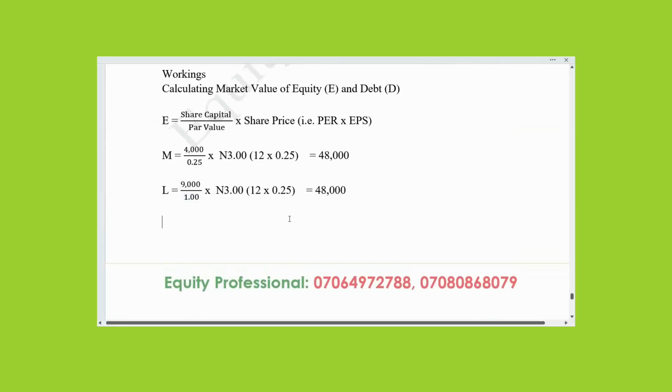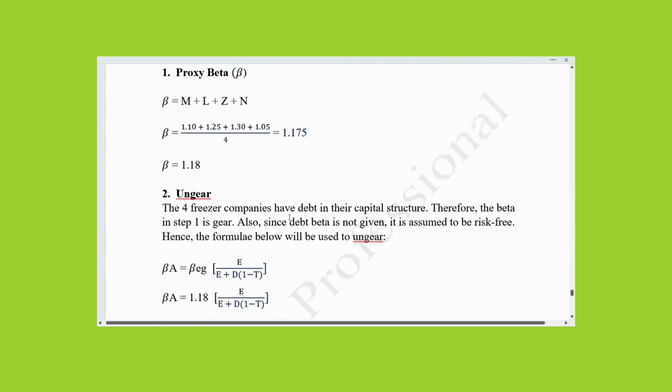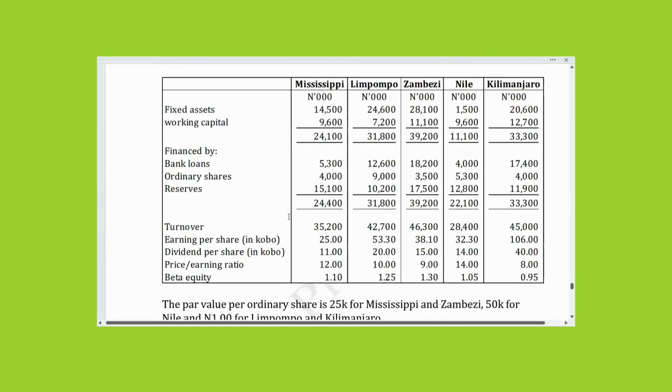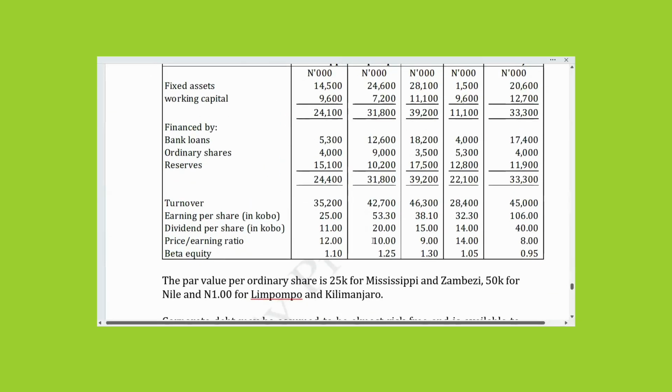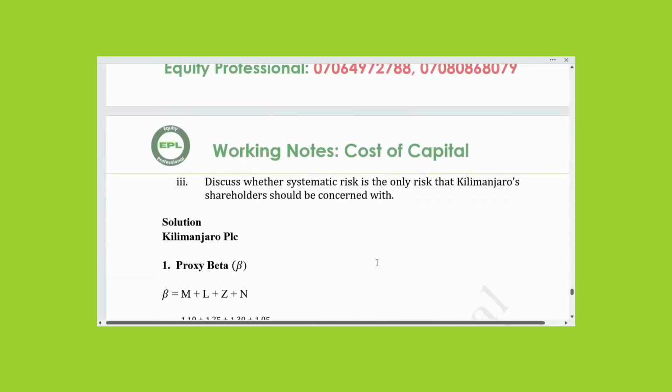Then I need the share price of Limpopo. I'm not given share price. Therefore, price earning ratio of Limpopo is 10 times multiplied by earnings per share of Limpopo, 0.533. Okay, so 10 multiplied by 0.533.